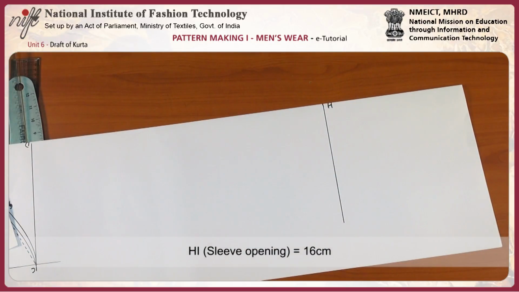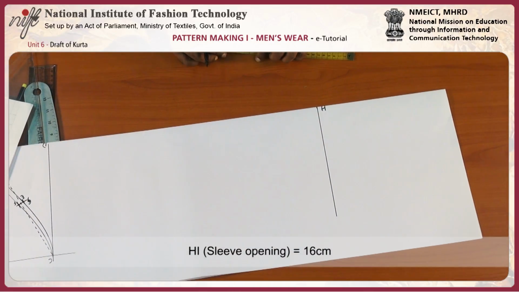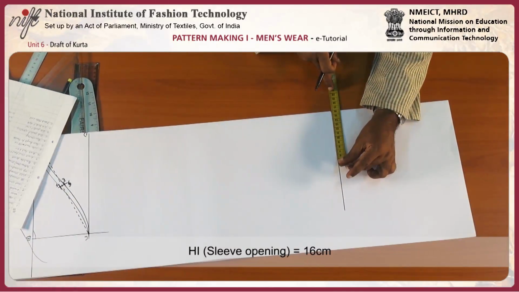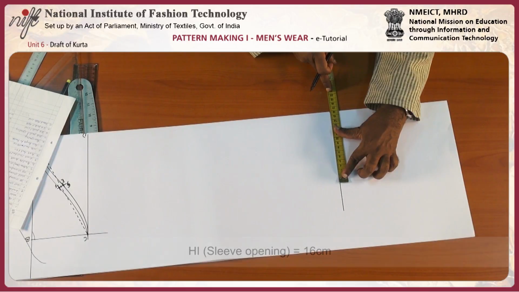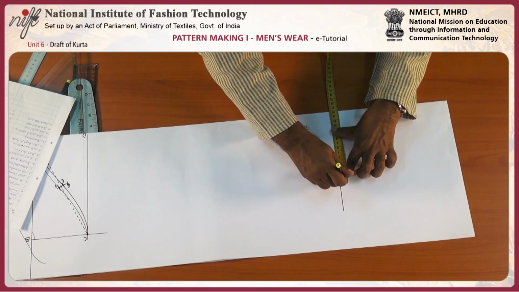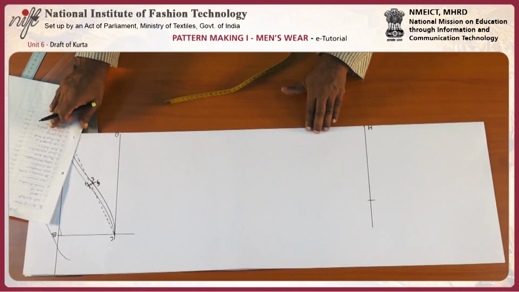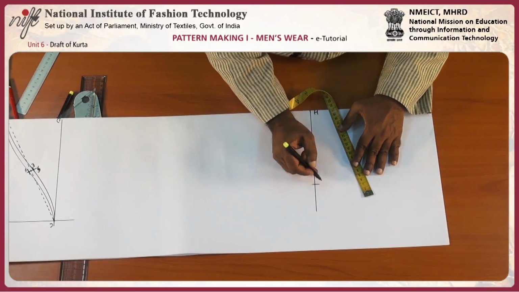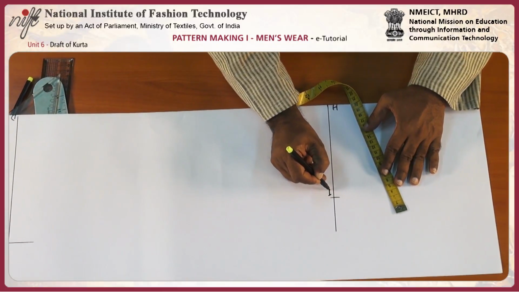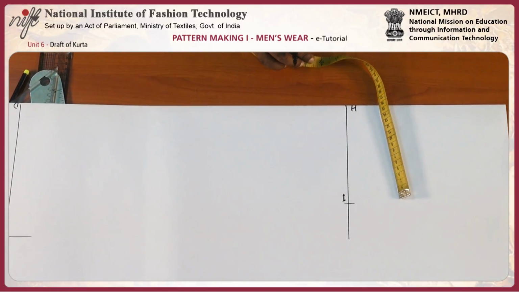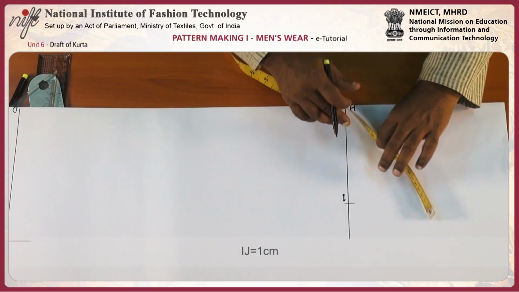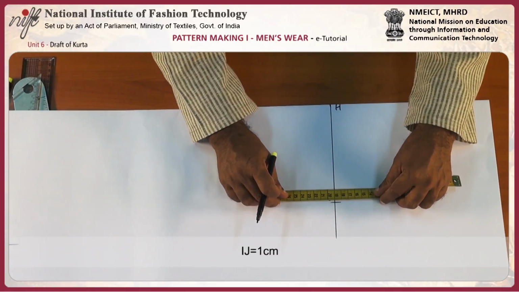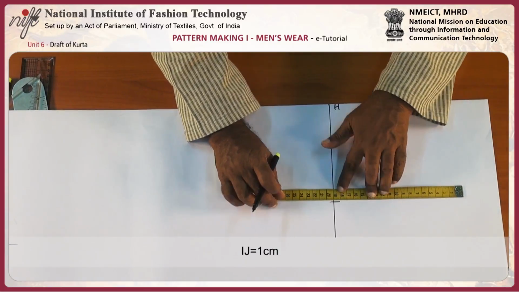Now H to I is a sleeve opening, 16 centimeter. From I, measure 1 centimeter to J.